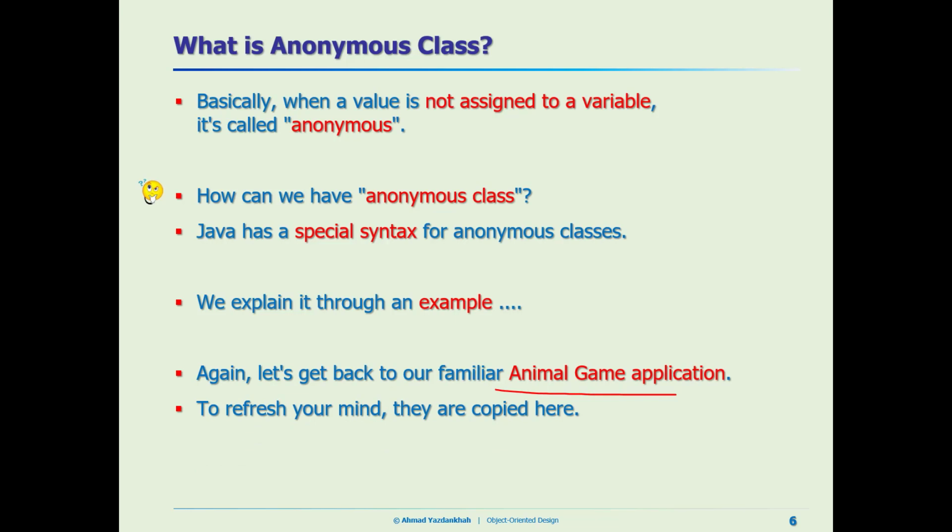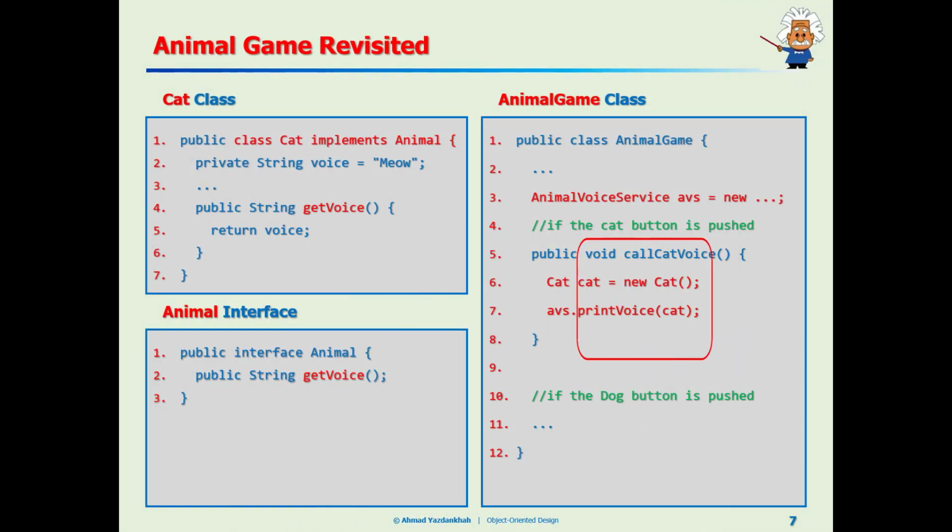You remember these three: one cat class, one animal interface, and this was our code that we used here. For example, here we instantiated the cat, and then we passed this cat via a parameter to be able to use this print voice. We used this code for explaining polymorphism.